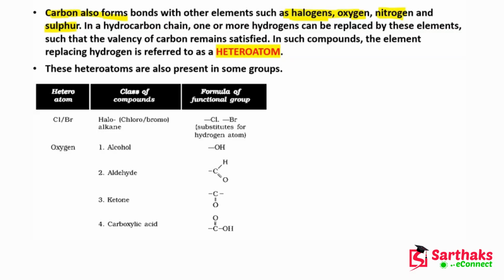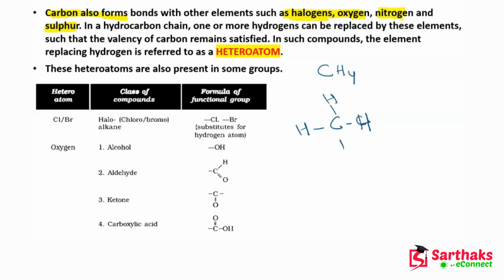So basically what I am trying to say is, let's suppose we have a compound CH4. Now if I draw the structure for this CH4, then it will look like this. Okay, now guys, sometimes what happens, if this H is replaced by another atom, or with another element, then that element will be known as a heteroatom. Let me give you an example.